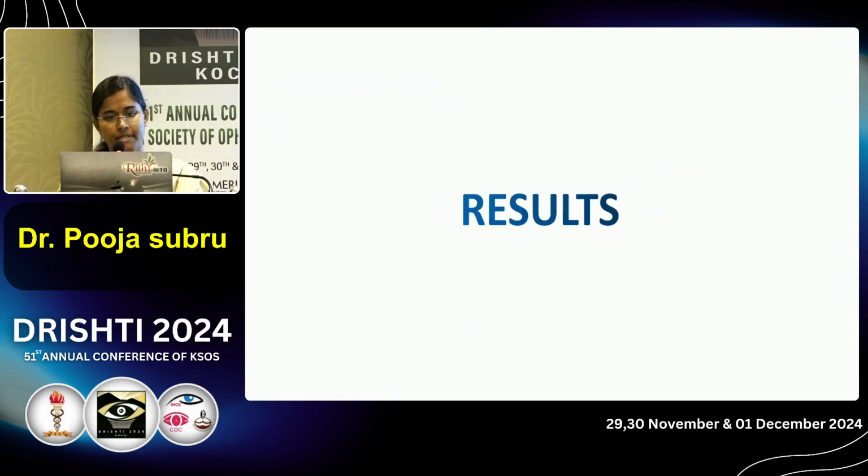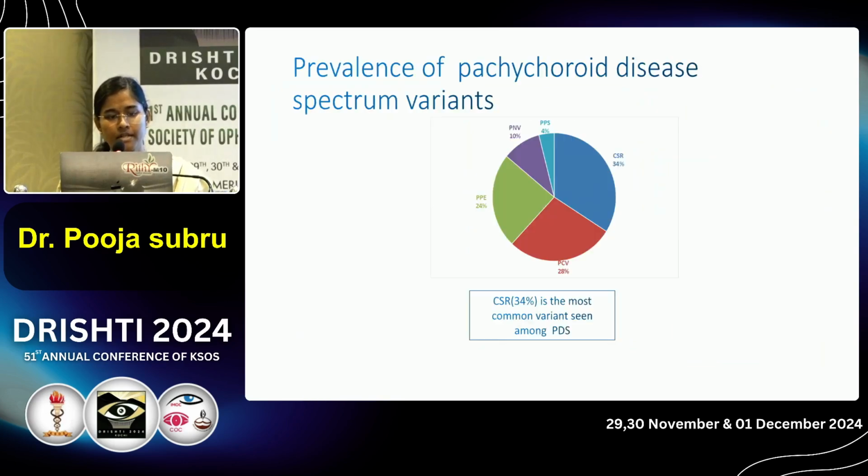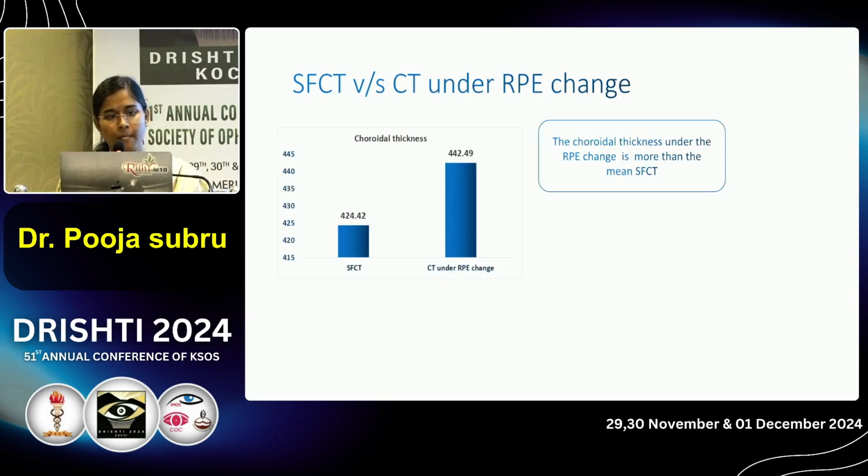PED, hemorrhagic PED. In our study, CSR was found to be the most common variant, followed by PCV and PPE in about 1/4 of study subjects. The choroidal thickness under the RPE abnormality is found to be more than the subfoveal choroidal thickness. Therefore, the choroidal thickness under the RPE is more reflective of the disease activity.